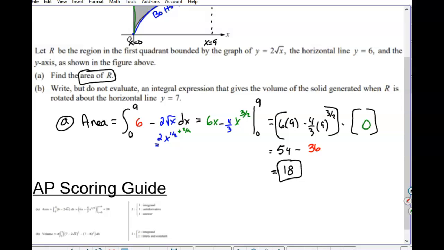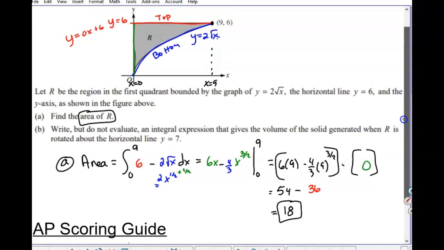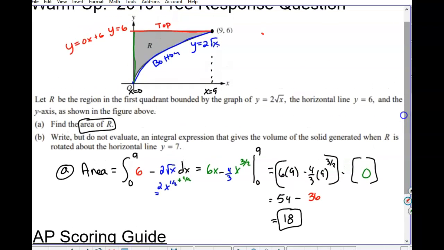And there you go. So if you chose to do it with the y direction, you still should get the same answer of 18. What would that setup be if you chose to do it with respect to y? Okay. So if I did the y value, now I'm going to go from 0 in the y direction up to the highest y value, which is 6.